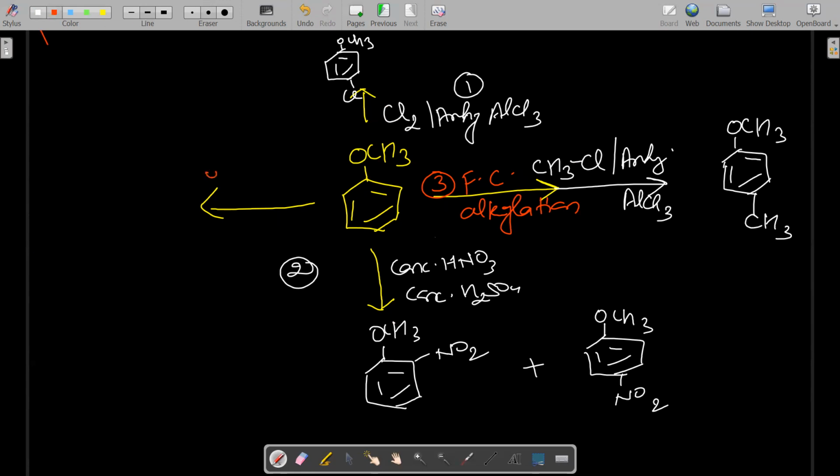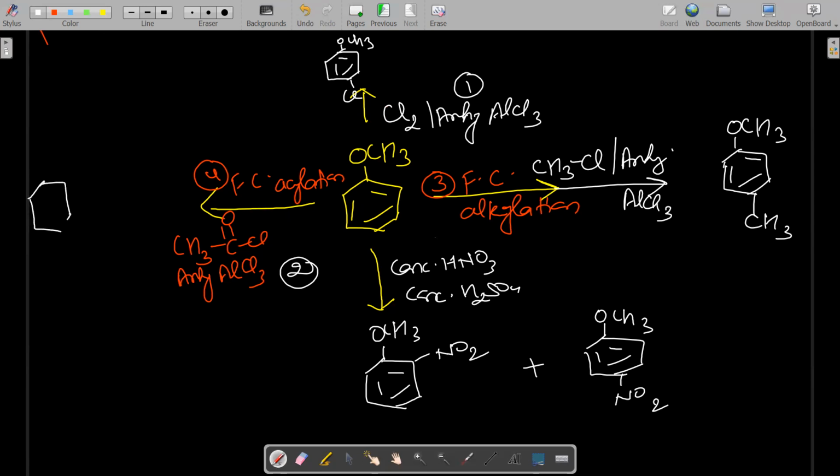Similarly, if we go for Friedel-Crafts acylation, what reagent do we take? Acyl halide, that is CH3COCl, in the presence of anhydrous AlCl3. So what product do we obtain? Again the same, ortho and para.